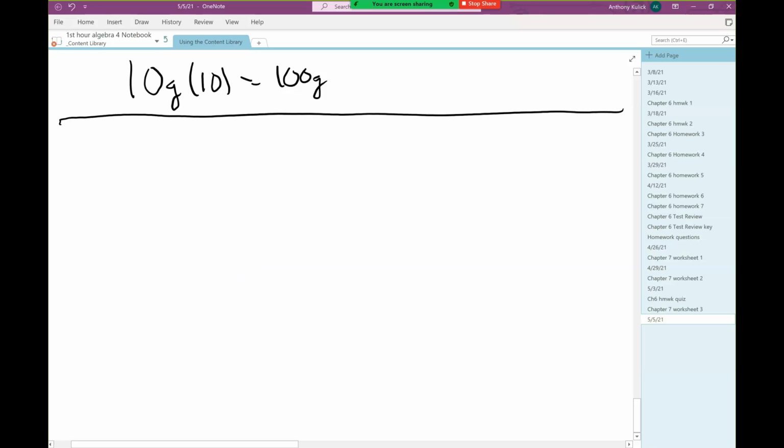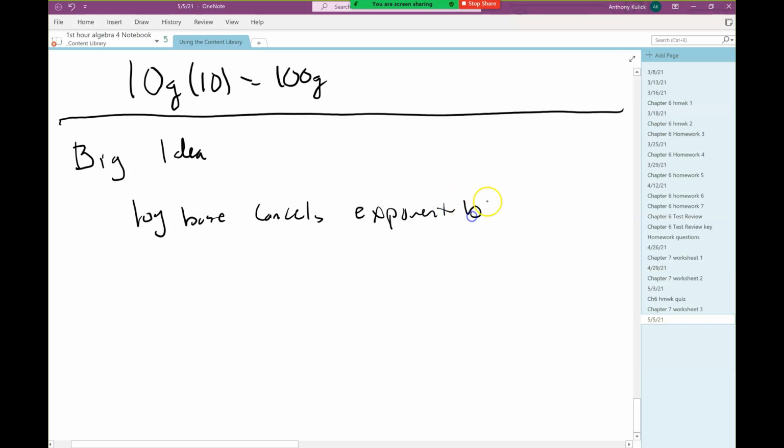Okay. So the biggest idea that we want for today is that log base b cancels exponent base b, and similarly exponent base b cancels log base b.